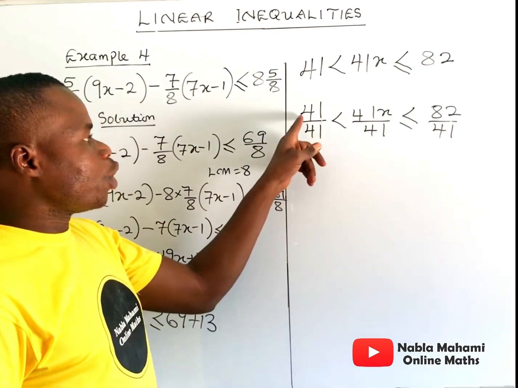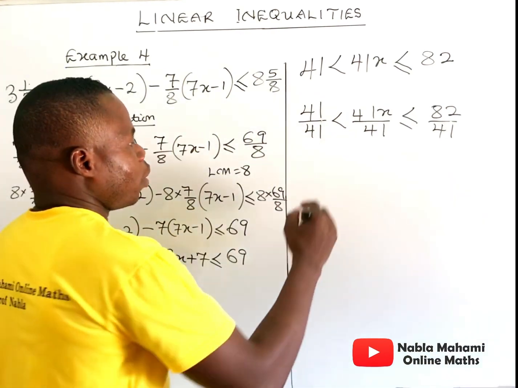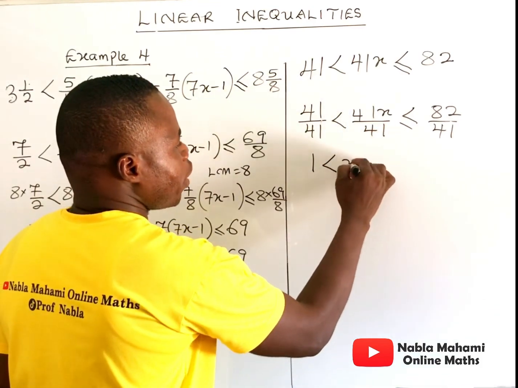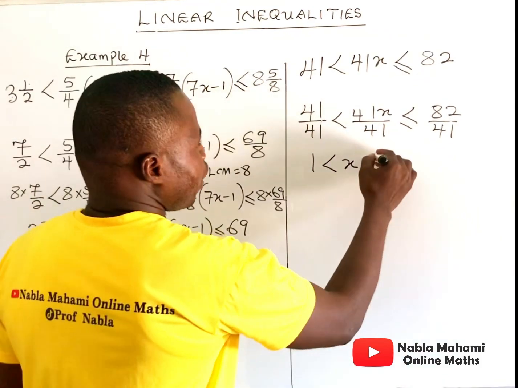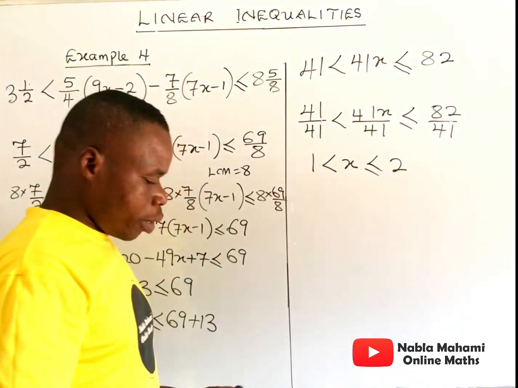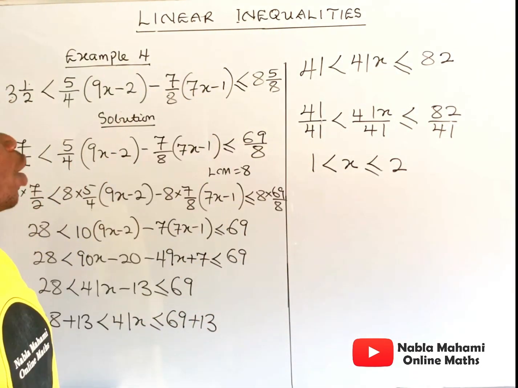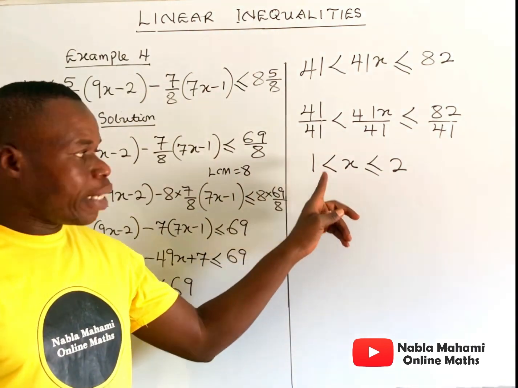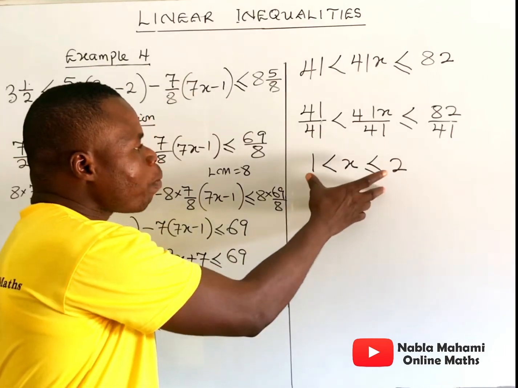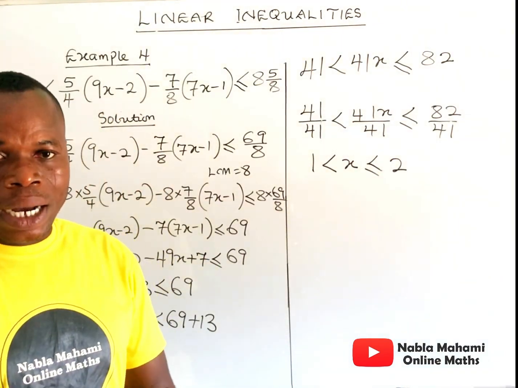And you can see that 41 over 41 is 1. So I have 1 less than, 41 will take 41, leaving only x. Then less than or equal to 82 over 41 is 2. Then that means that my solution for this inequality is 1 is less than x less than or equal to 2.